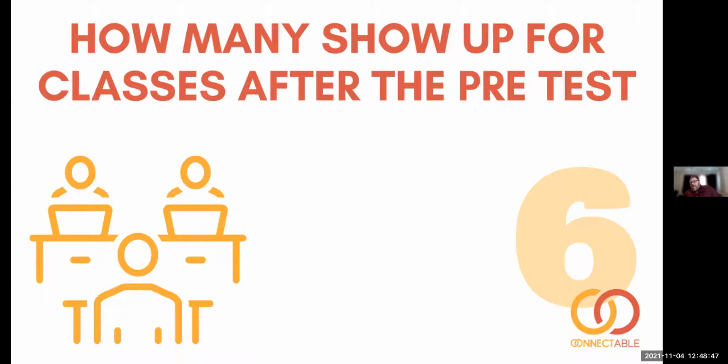And then the last thing that you'll look at in this step of the process is, how many show up after the test and start attending classes now? How many actually are attending in all of that? And the number that I'm always interested in is what percentage of people who said they were interested in your program, so number 2 in these steps, actually showed up in class.